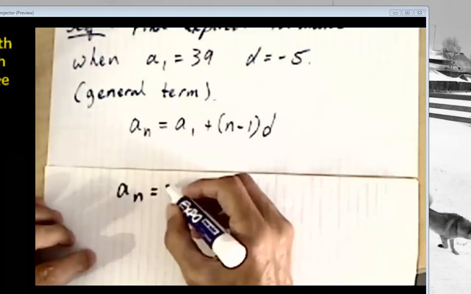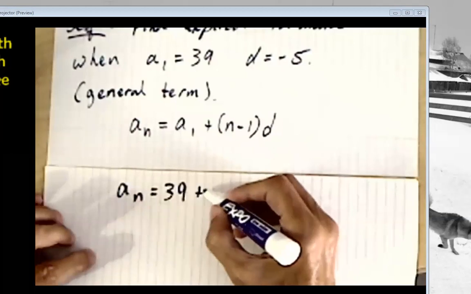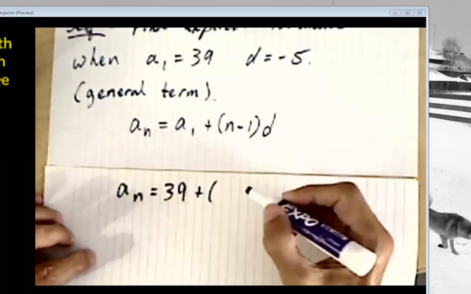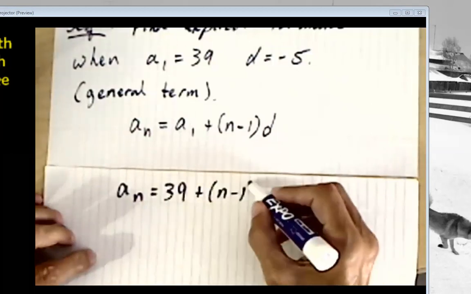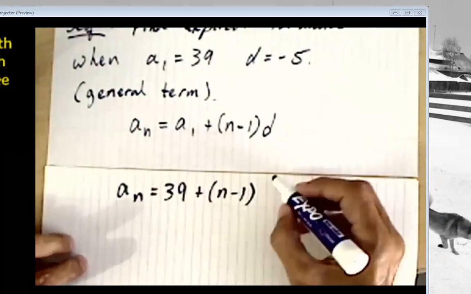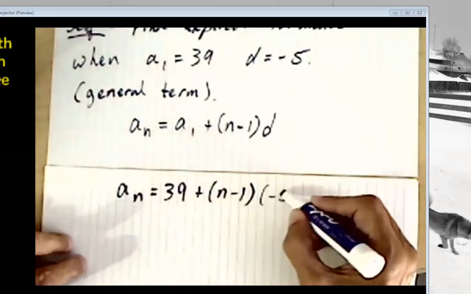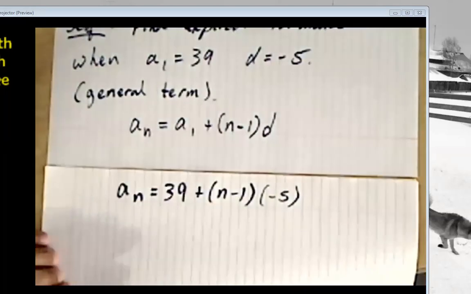Yeah, 39. And minus 1 for sure. The n's are going to stay, right, for this general term. Minus 5, eh? Okay. So there that is. Oh, good.